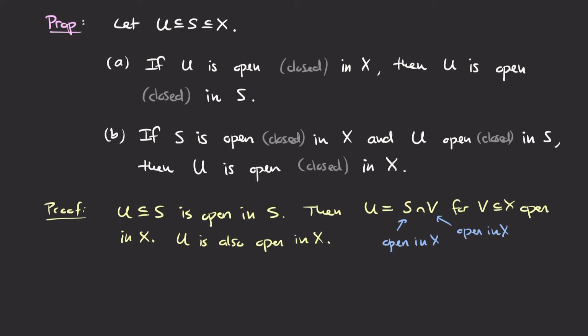So that proves B for open sets, and the variant with the closed sets follows again by taking complements.